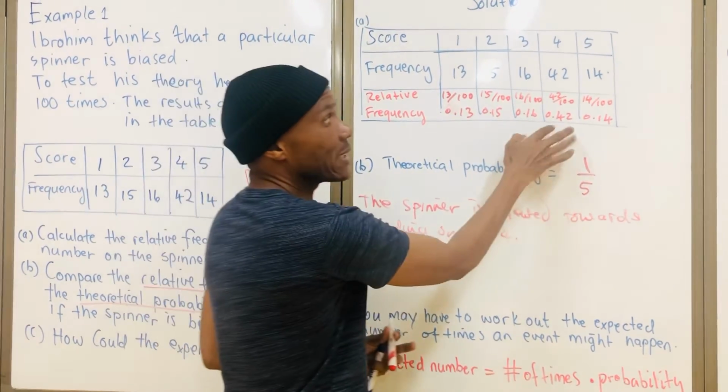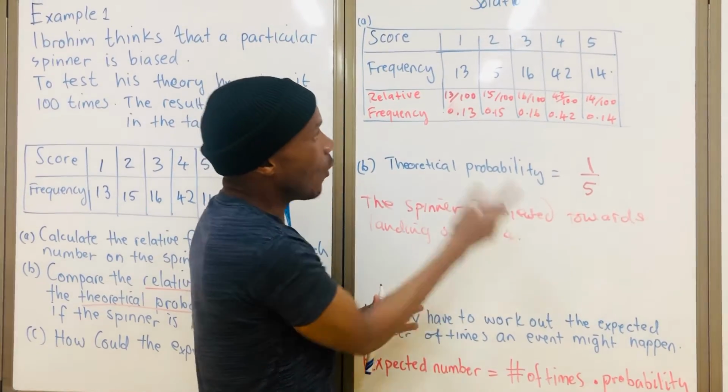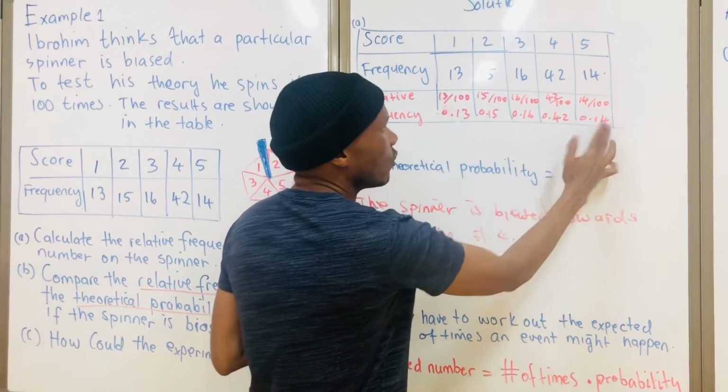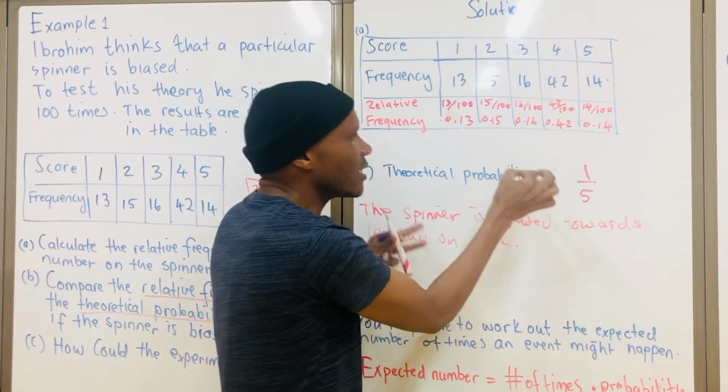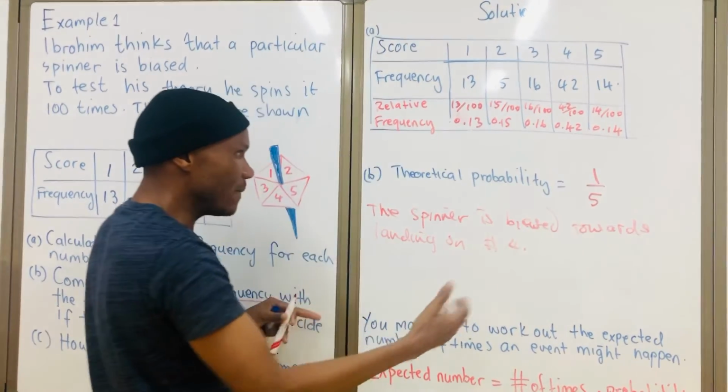So this is what I'm just seeing from here, right? It's biased. Why? Because these are almost close to each other, although they are far from 0.2, not that far, but this is way far, okay?